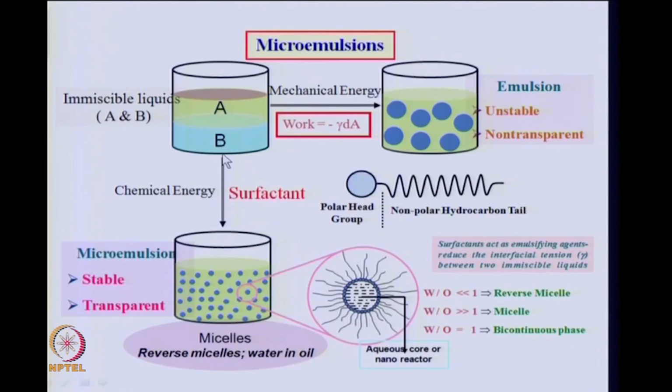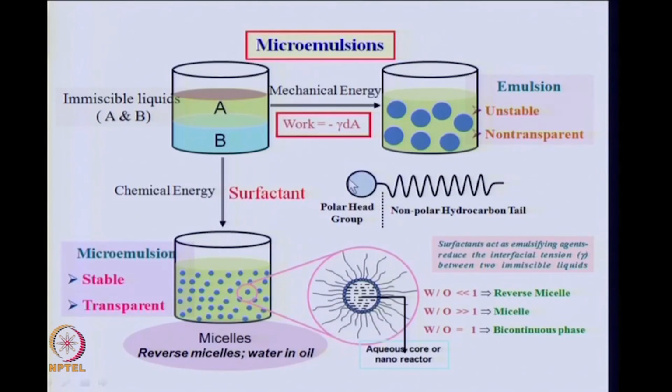However, if you want to make a stable microemulsion which is transparent, you add surfactant, and surfactants are basically molecules which have a polar head group and a non-polar hydrocarbon tail.